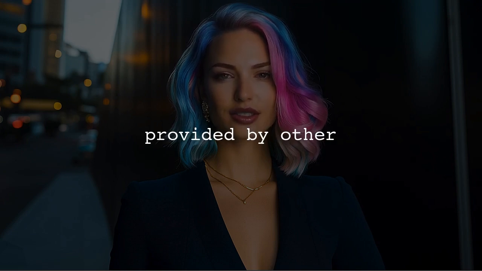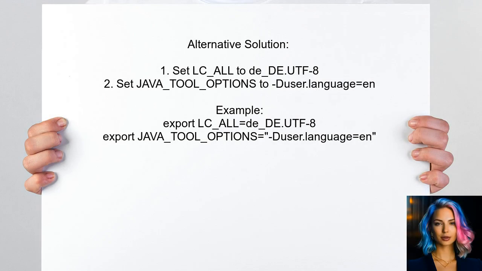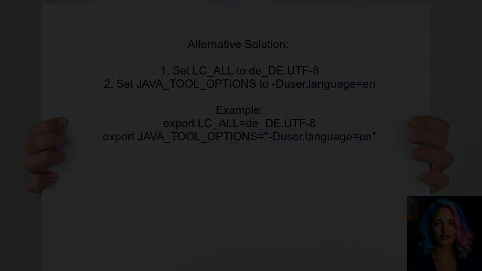Now let's look at the answers provided by other users. An alternative solution suggests using the Java Tool Options environment variable. By setting LC_ALL to de_DE.UTF-8 and JAVA_TOOL_OPTIONS to -Duser.language=en, you can ensure that error messages are displayed in English.